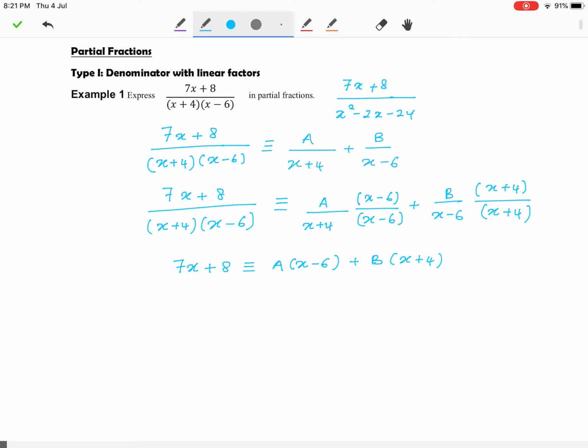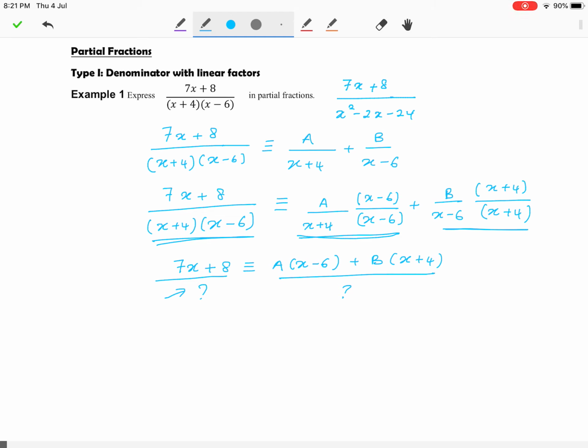As you can see now, I start to ignore the denominators, because the denominator is the same on both sides, so that's why I ignore the denominator here.